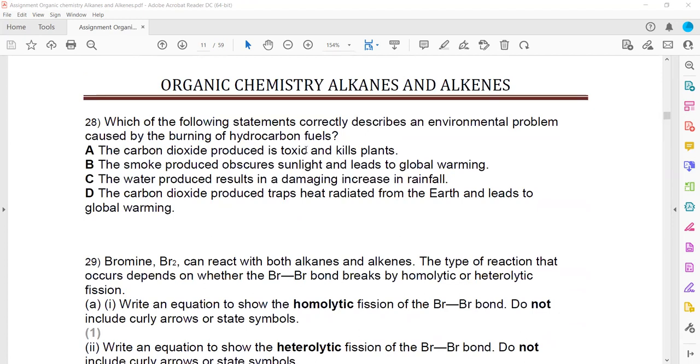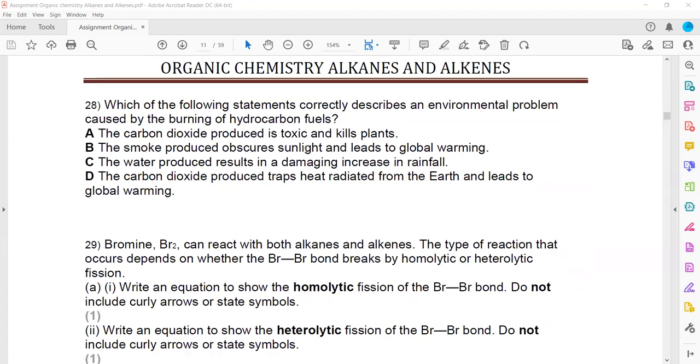Then question 28. Which of the following statements correctly describes the environmental problem caused by burning of fuels? So when we burn the fuel, what are the environmental problems caused? Carbon dioxide produces toxic and kills plants. That is not correct. Smoke produced obscures the sunlight and leads to global warming.